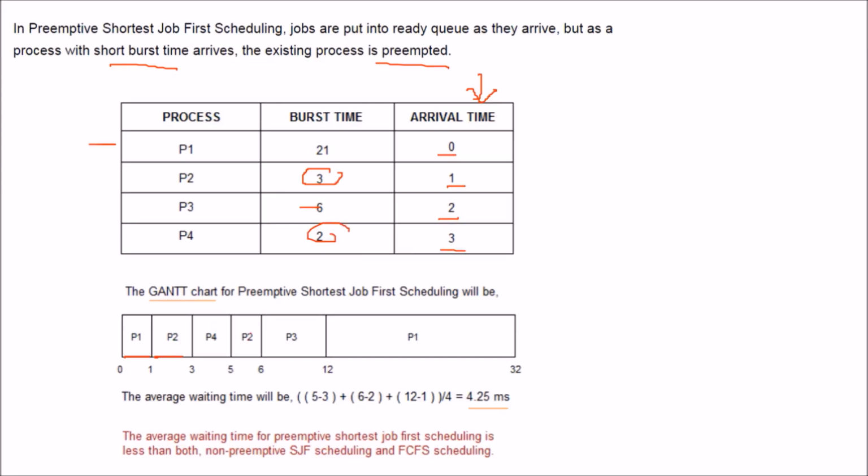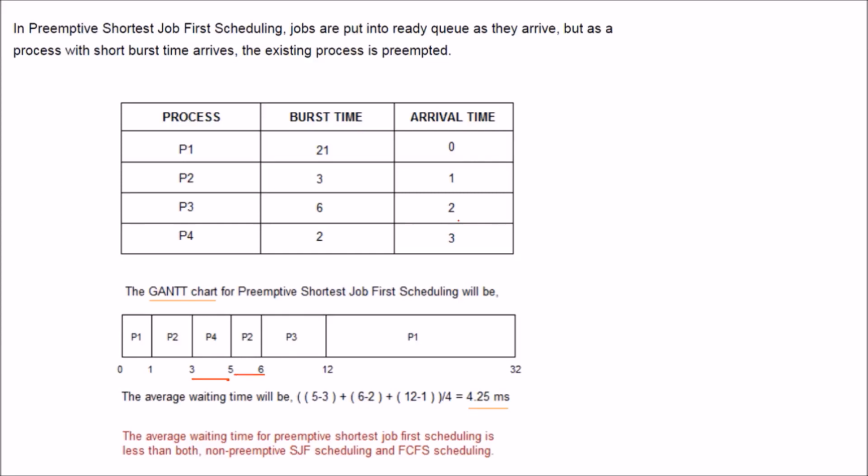But at 3, P4 with 2 has come, so P4 will be given a chance and it will complete. It requires only 2, so P4 has to wait 0 time. P2 requires only 1 more cycle, so in 1 cycle it will complete, right?